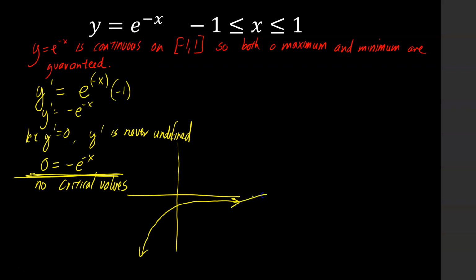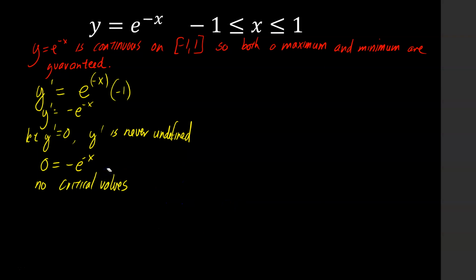If you followed this out, it's going to get closer and closer to 0, but never actually get there. Okay? So the only place e to the negative x might have a maximum or a minimum is at those endpoints.